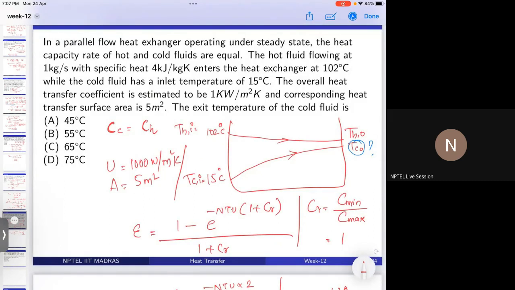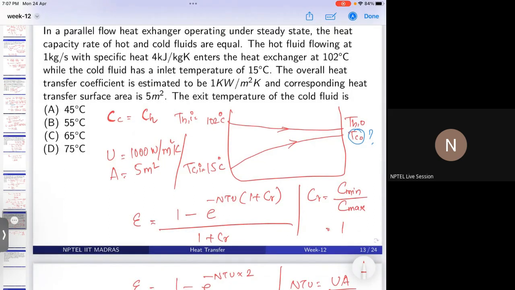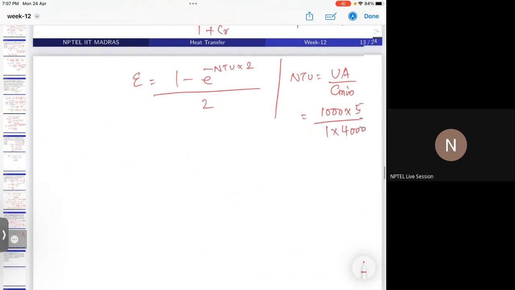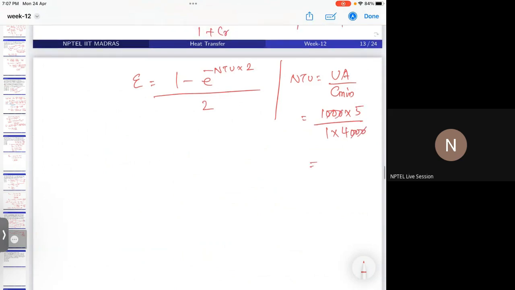Both are the same, so we can either take the hot fluid. The hot fluid is given, that is 1 kilogram per second into 4 kilojoule per kilogram Kelvin, so it is 1.25. So the effectiveness is equal to 1 minus e raised to minus 1.25 times 2, divided by 2. So can you please calculate what is the effectiveness value?